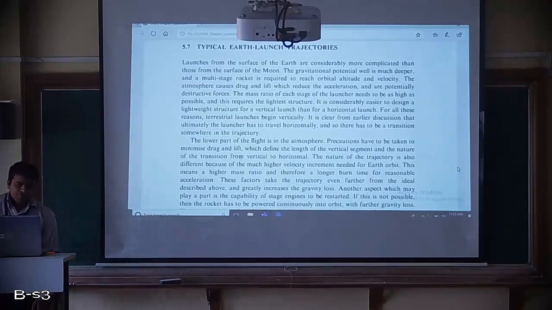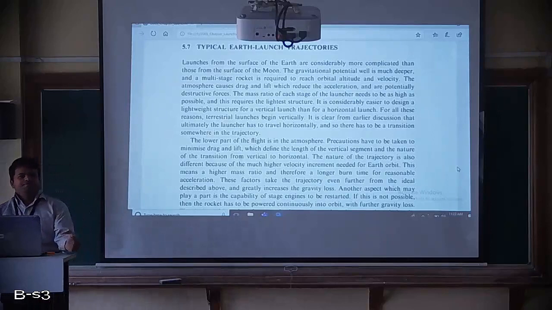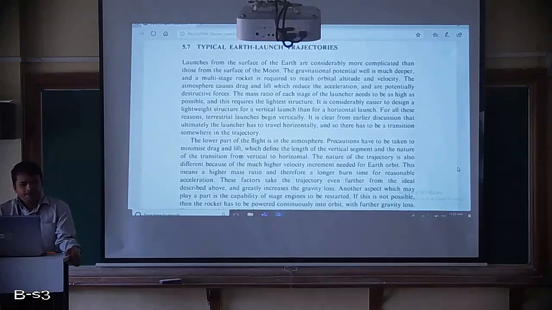So now, launching the rockets from the Earth's atmosphere has three different stages. The trajectory will be in the form of three different stages.